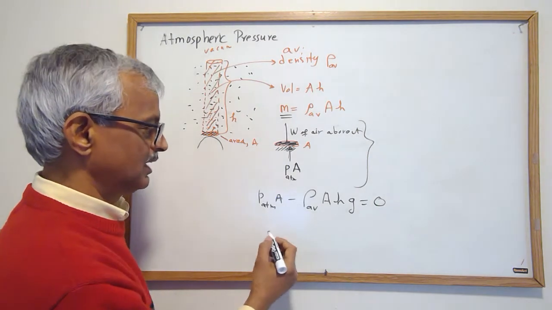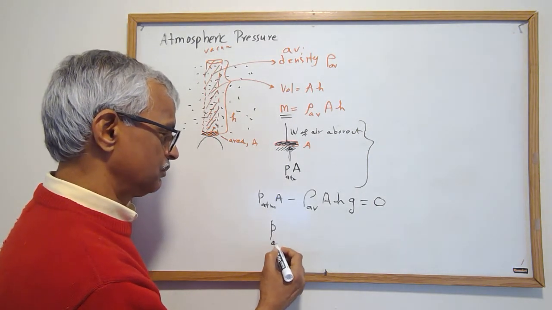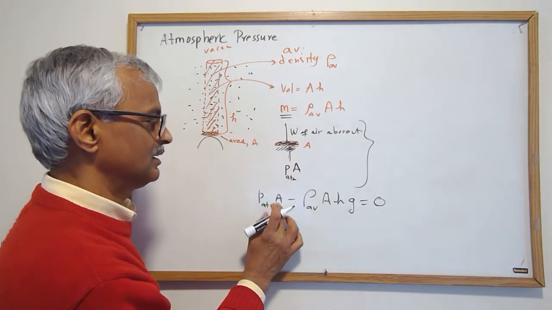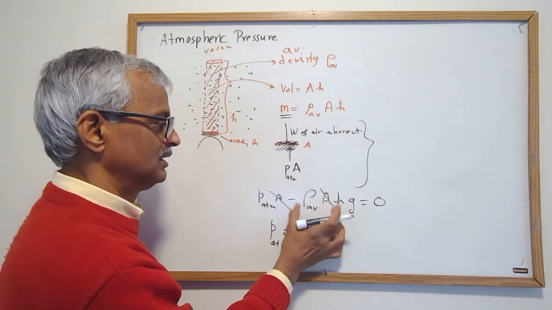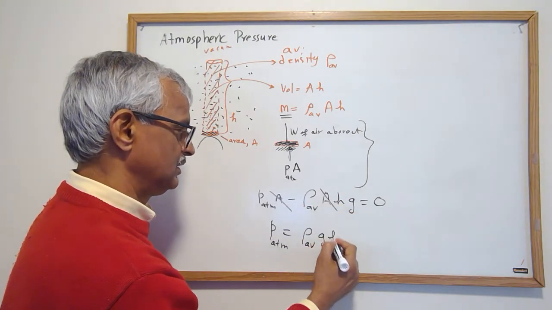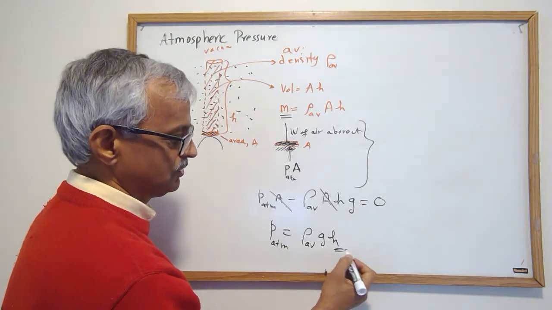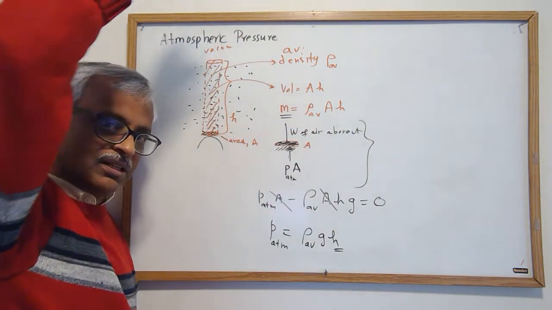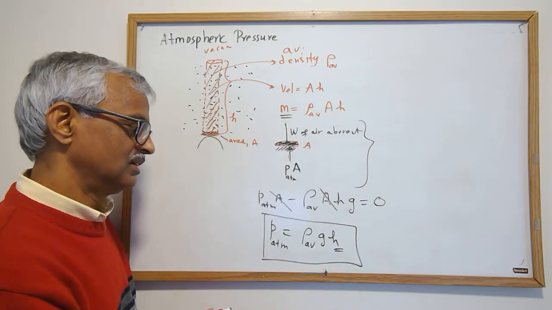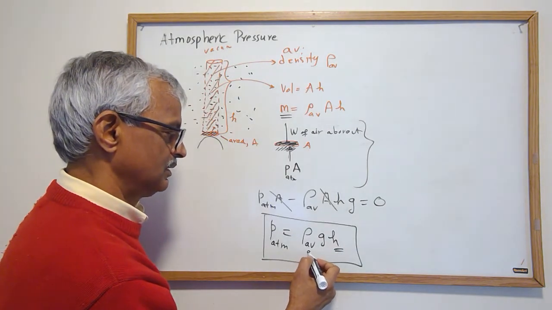So atmospheric pressure, I can actually see, is all the weight. And the area cancels out from these two. And so P equals rho average, g, h, and h is the height of the atmosphere.